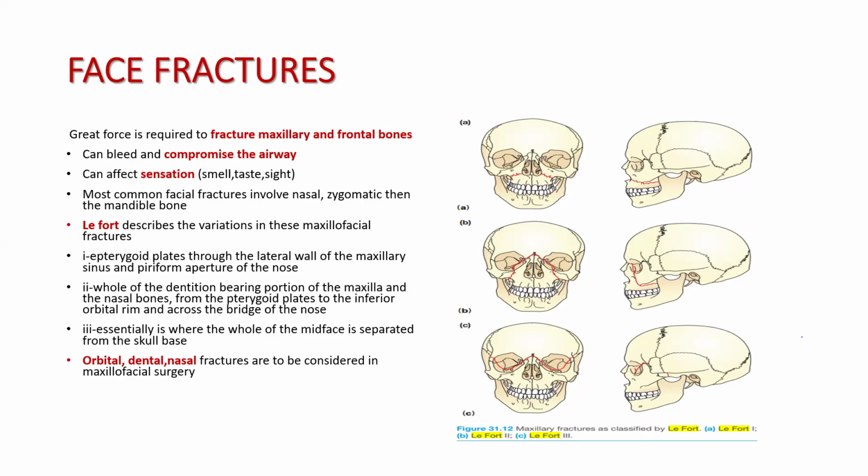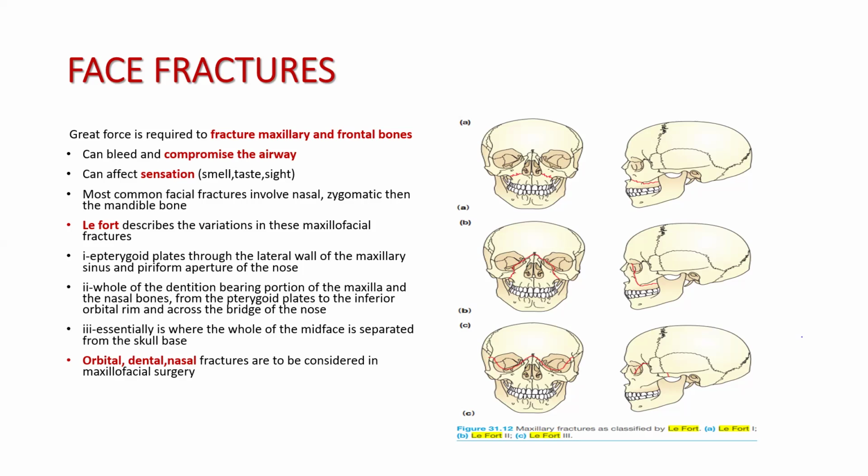And it requires a significant amount of energy for you to have these fractures. So mainly you might most likely have other associated intracranial injuries. So it can affect smell, it can affect sensation, it can affect sight, it can affect taste.